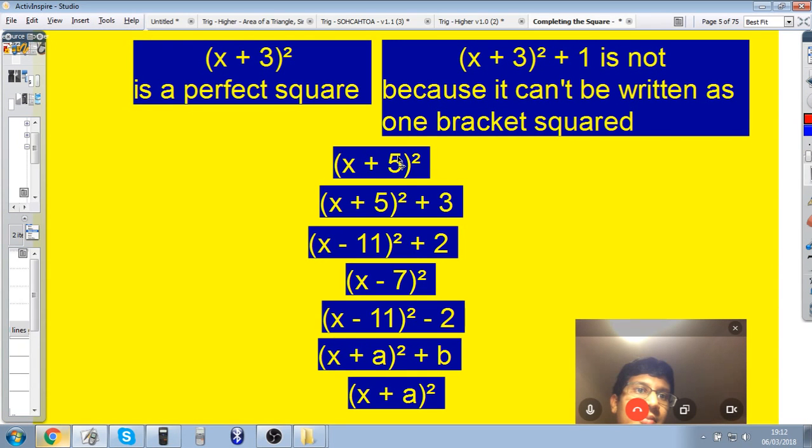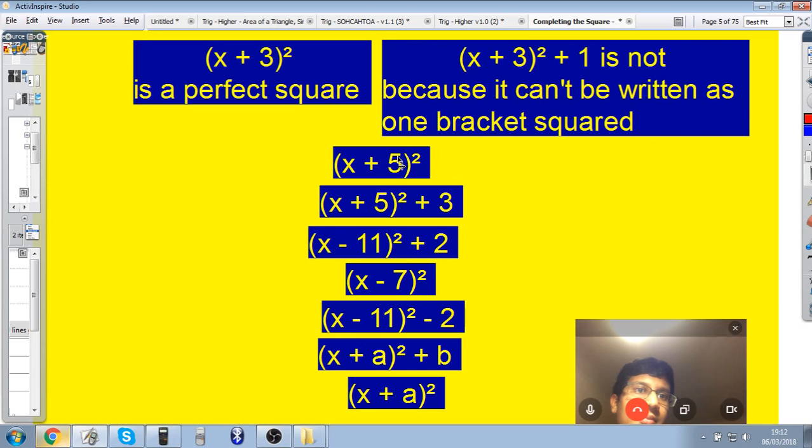X plus 5 squared plus 3 is not a perfect square. The same for x minus 1 squared plus 2 minus 11. And then that's a perfect square. And that one isn't a perfect square. That one is not a perfect square. And the last one is a perfect square.